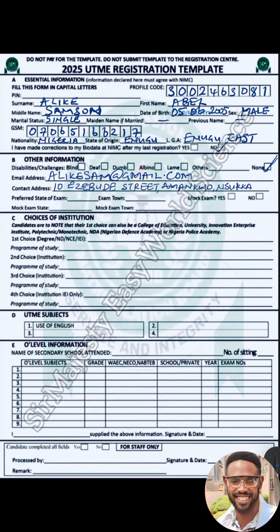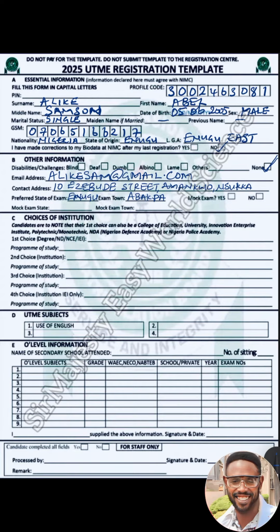Then preferred state of exam. I want to take mine in Enugu State. Then town, I want to take mine in Enugu town, say Ababa. Okay, then would you like to write mock exam? This one depends on you.